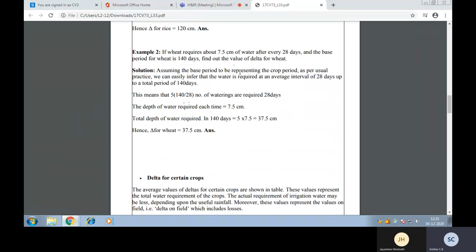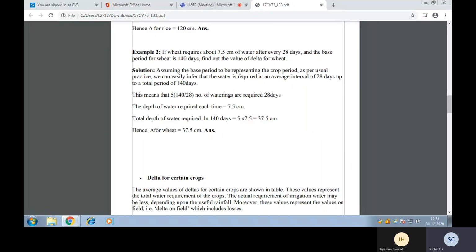That is, for every 28 days, we are putting water to the crop at a uniform depth of 7.5 centimeters. Therefore, I consider this a very simple calculation to understand the delta for a particular crop. It is to understand the knowledge of the base period and what total depth is required.